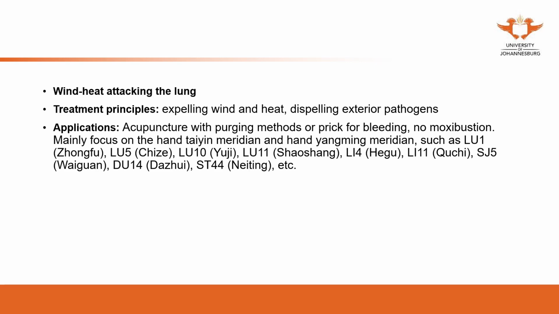The patient may present with nosebleeds because the heat burns the vessels. Once the vessels get burnt, the patient will present with bleeding. But this bleeding is in the nose because the orifice of the lung is the nose. If the bleeding is in other areas, then we're going to focus on other organs.